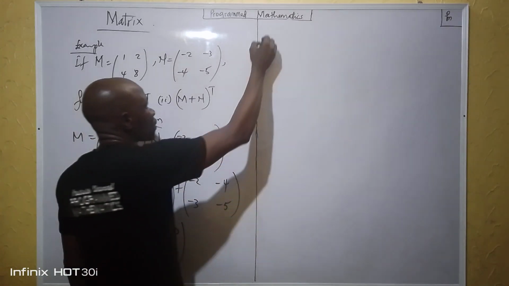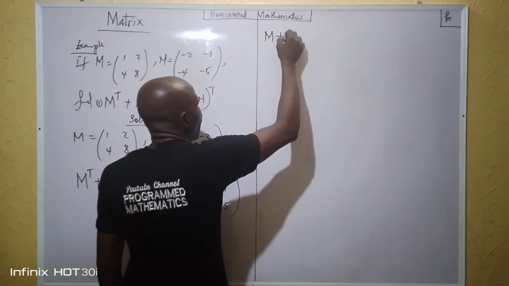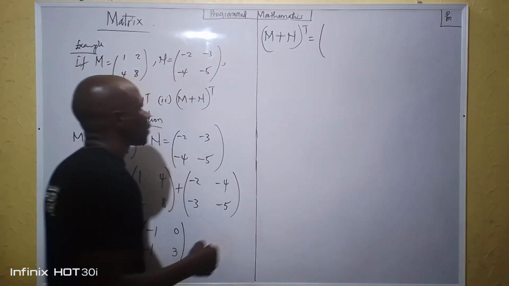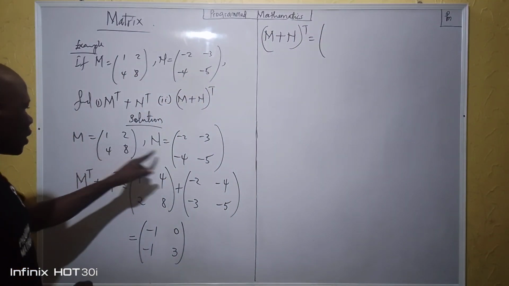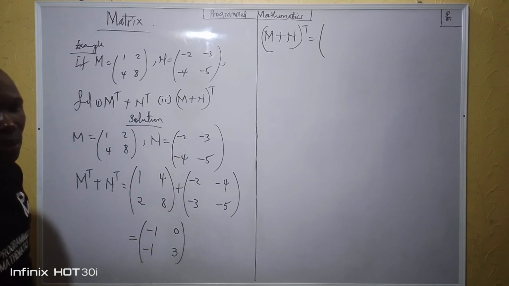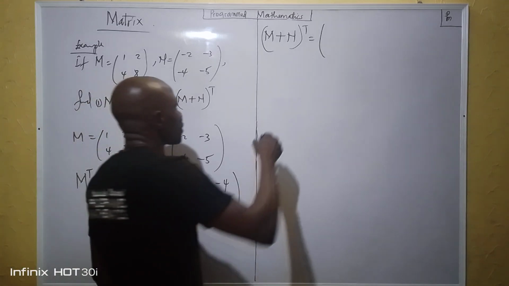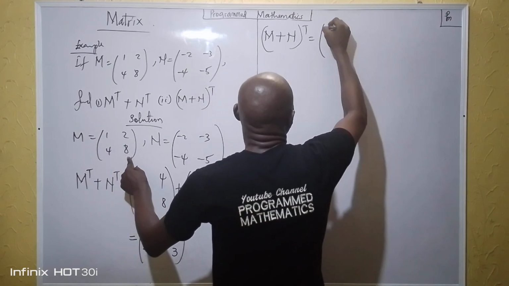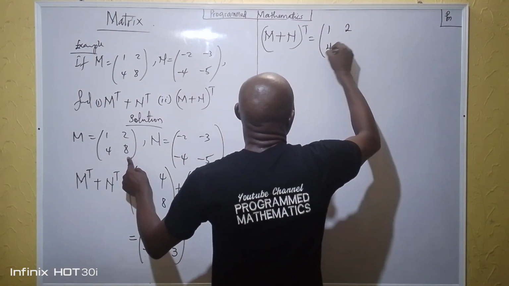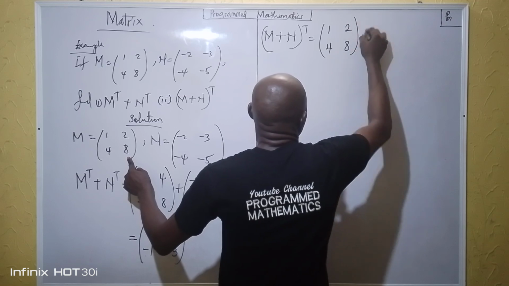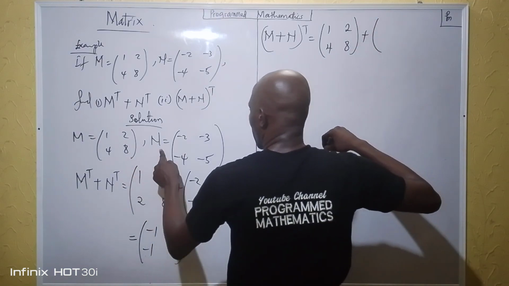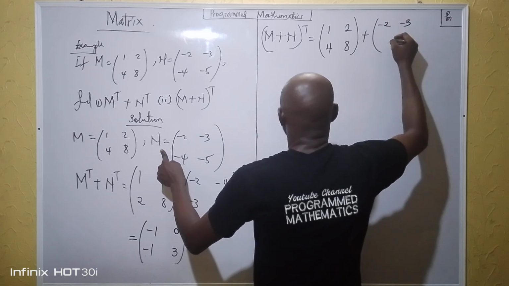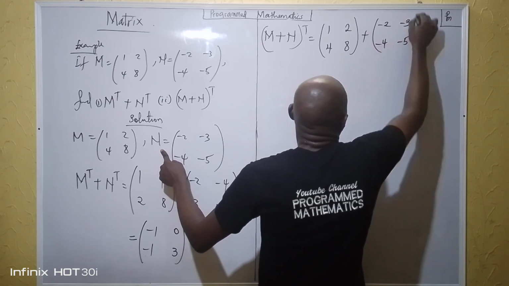Then what about (M plus N) transpose? What this is simply saying is we add matrices M and N together, and whatever we get, we transpose it. So matrix M is 1, 2, 4, 8, plus matrix N, -2, -3, -4, -5.